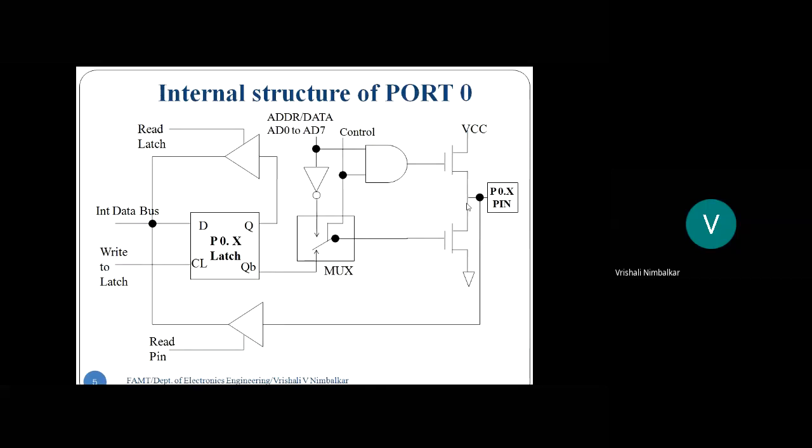And now, whenever the port behaves as IO port, the upper MOSFET is always off. Look here, students, right? By default, these pins behave as port pins, IO port pins. And whenever the pins are behaving as IO port pins, the upper MOSFET is always off. Off means electrically open.